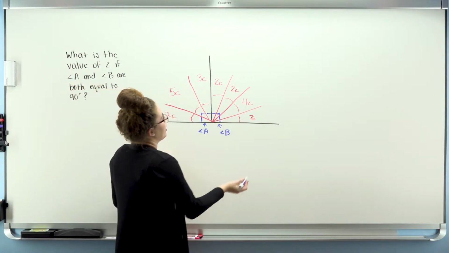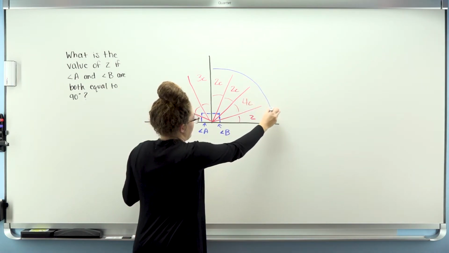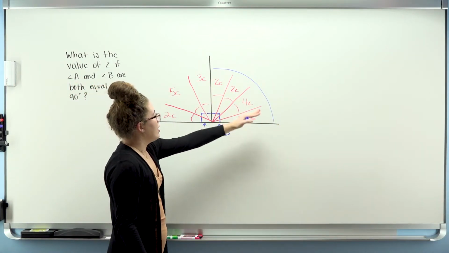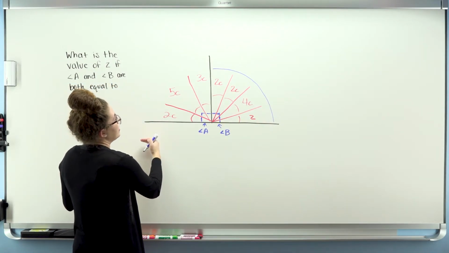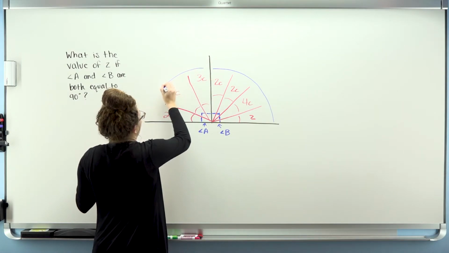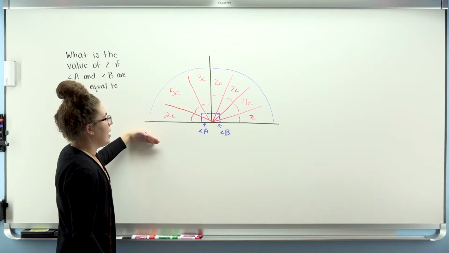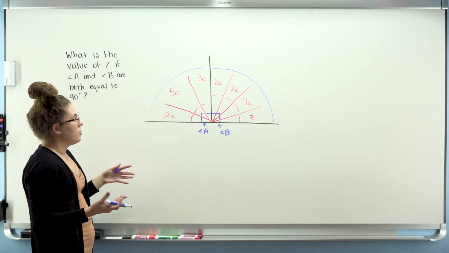So we can see, just like before, all the angles on this side, when all added together, have a sum of 90 degrees, right? And same thing for this side. All these angles, the 2c, 5c, and 3c, when added together, have a sum of 90 degrees.